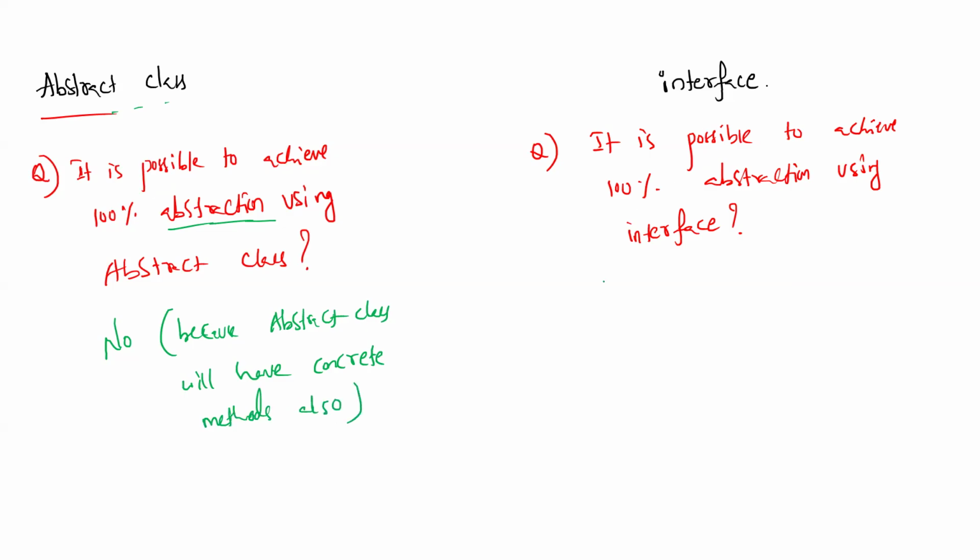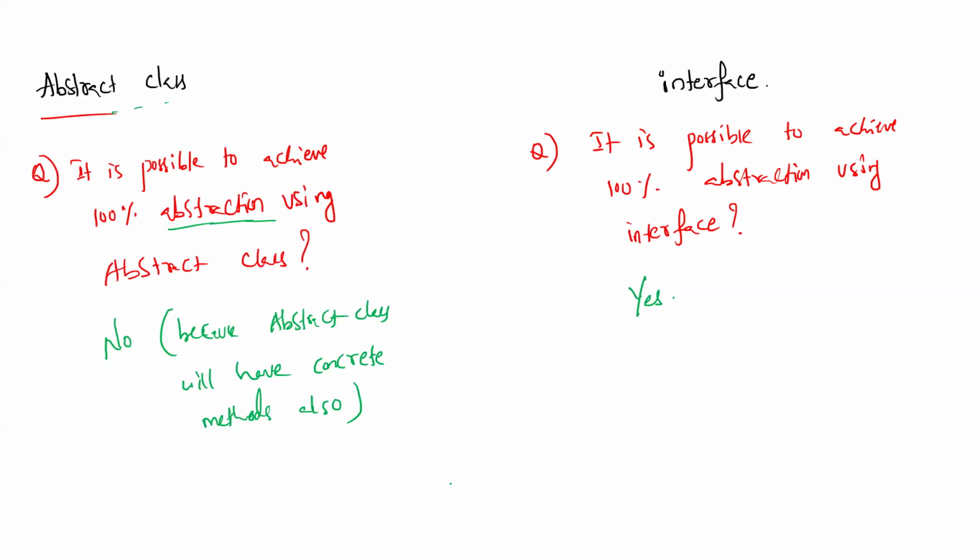But when it comes to interface, possible or not possible? Yes, because here all methods are abstract methods only. Because all methods are abstract, only the method declaration will be there, and the implementation will not be known. If I give you one interface, you will not know which entity is implementing that interface.